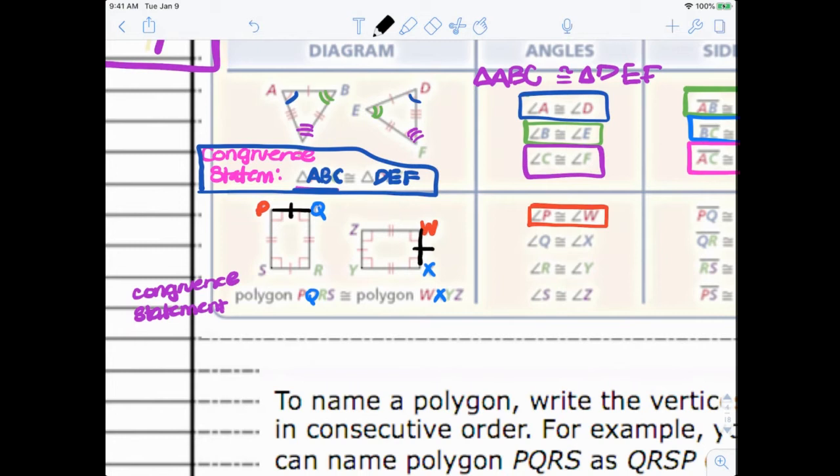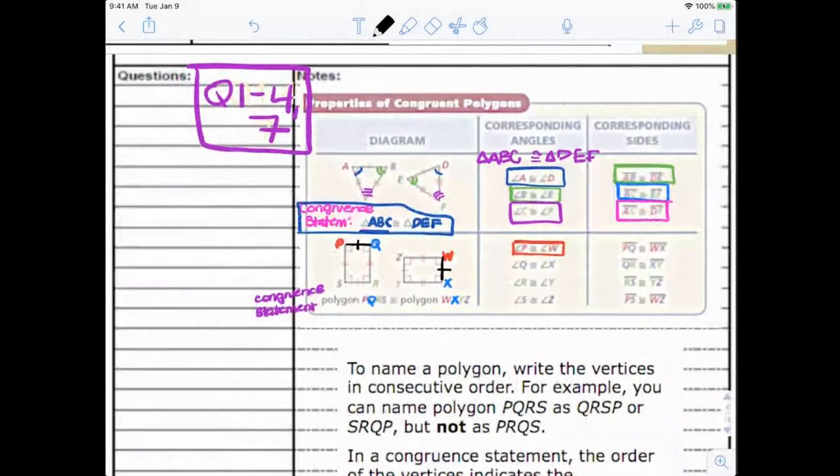So the order that they list the vertex points or the sides, or the order in a congruent statement, tells us what angles and sides are congruent. And by knowing angles and sides that are congruent and corresponding, I can write my congruence statement. So the order of the vertices, basically this is what I want us to make sure we understand.